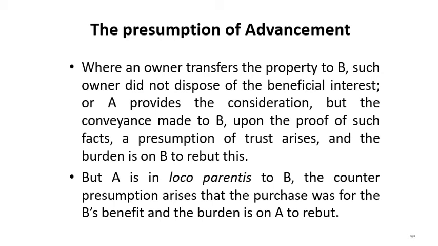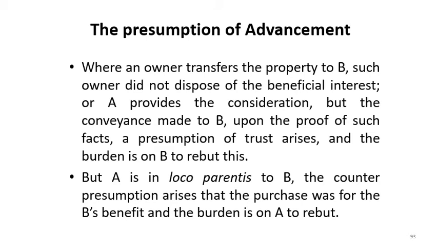And the burden is on B to rebut or disprove it. But what if A is in loco parentis to B? Now we have seen two cases, in sections 83 and 84.